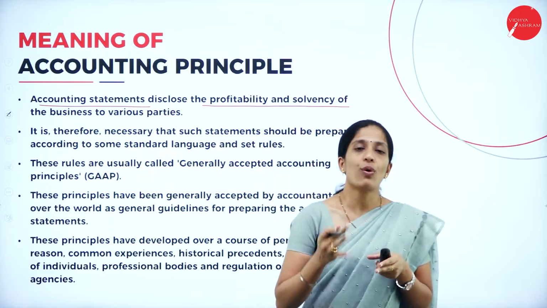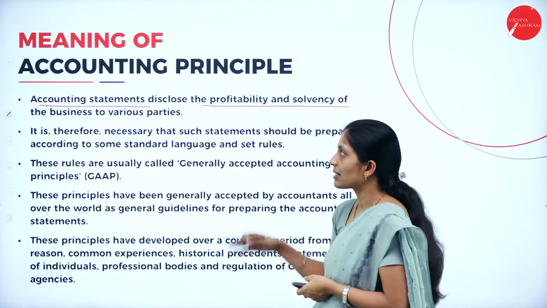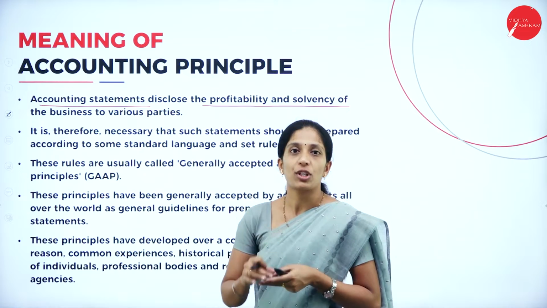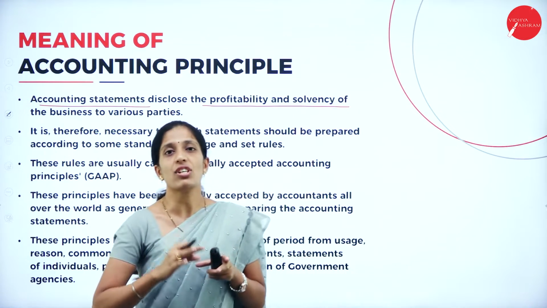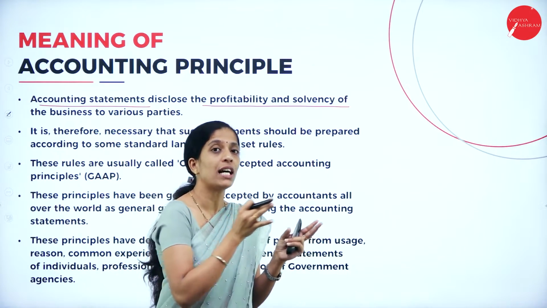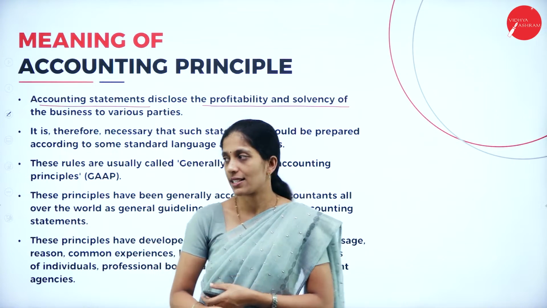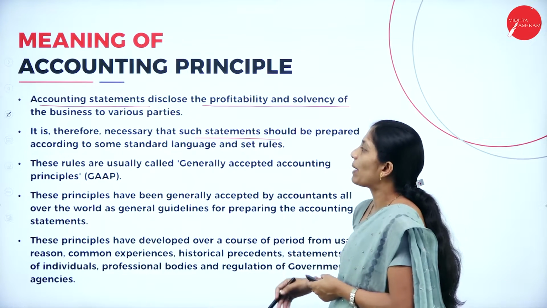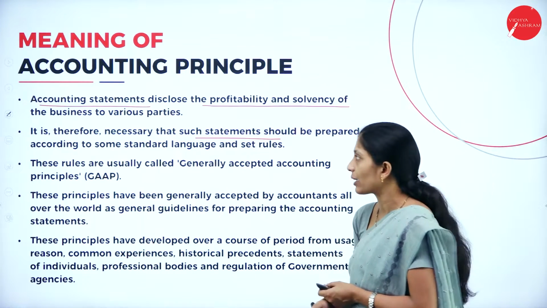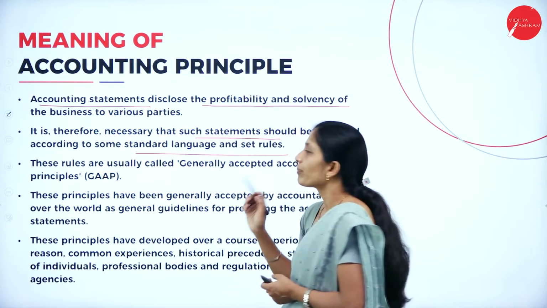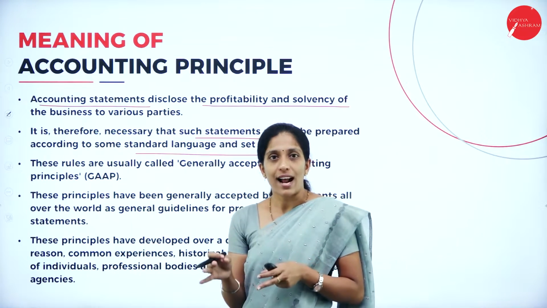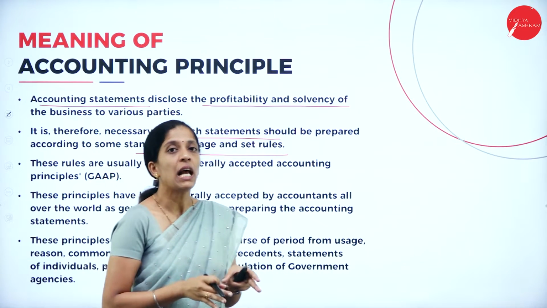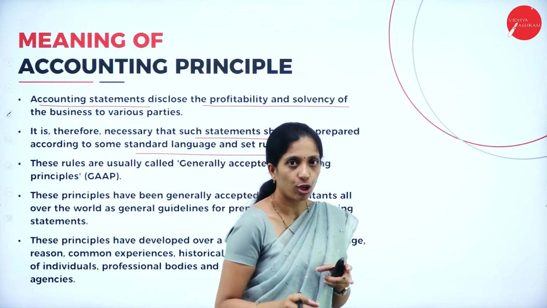It is to know the financial position of the business, and that accounting information will be communicated to the users so that each and every user will come to know about the position of the business organization. It is therefore necessary that such statements should be prepared according to some standard language and set rules. So, in order to maintain that standard of accounting information, we have to follow certain accounting principles as well as accounting rules.